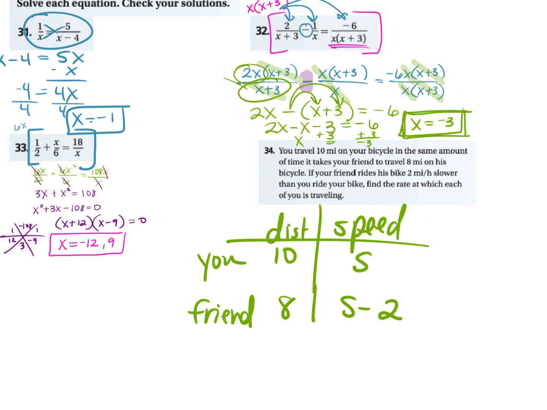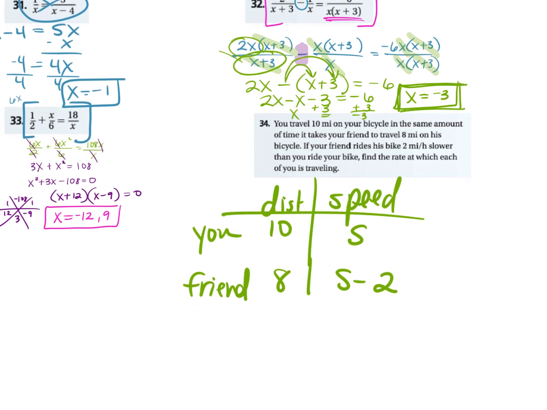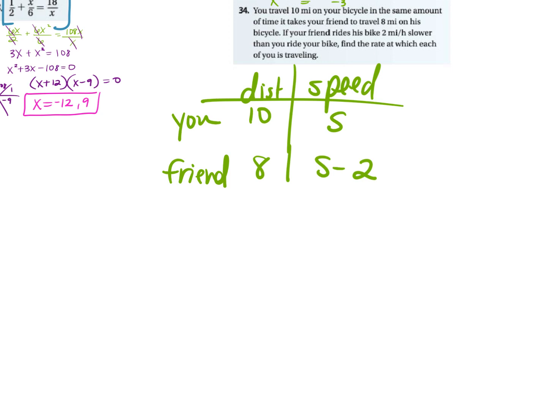That's a direct variation setup, which is a little goofy. But if this is direct variation, then you can set up a proportion to solve. So you can say distance over speed equals distance over speed, or vice versa. Speed over distance equals speed over distance would be fine.